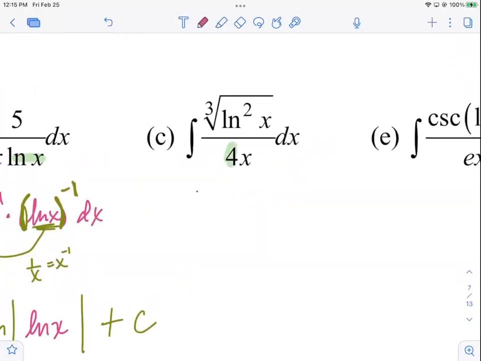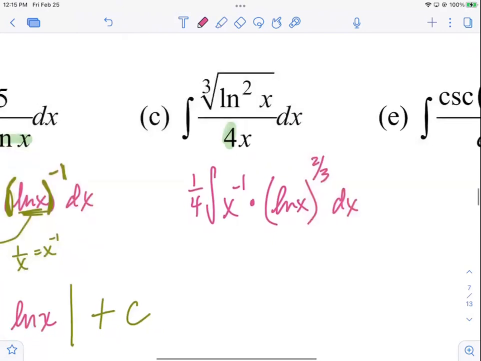All right. The next one, it's going to kind of play out the same way. I've got a 4. Yeah, so I pull the 1/4 out. I've got an x in the bottom that I could bring to the top again, x to the negative first. And now I can rewrite the natural log of x, cube root of it squared would be that to the 2/3 power, right? So it's kind of the same idea.